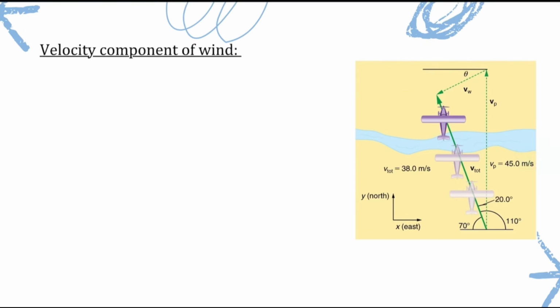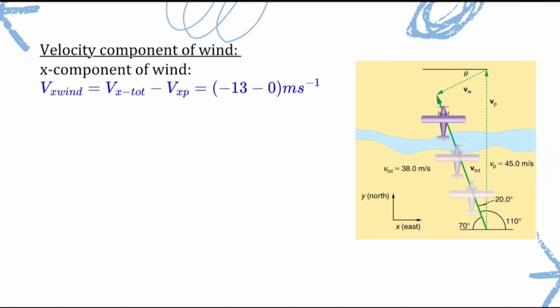To find the x component of the wind, it equals the x component of v total minus the x component of Vp, which is minus 13 minus 0, and you get the x component of the velocity of wind equal to negative 13 meters per second.